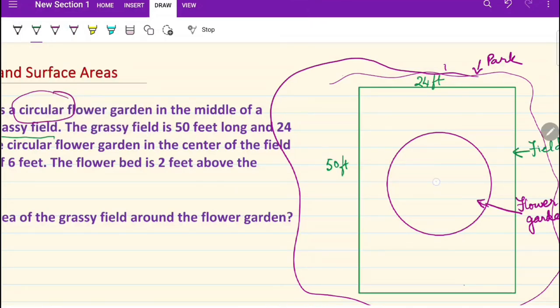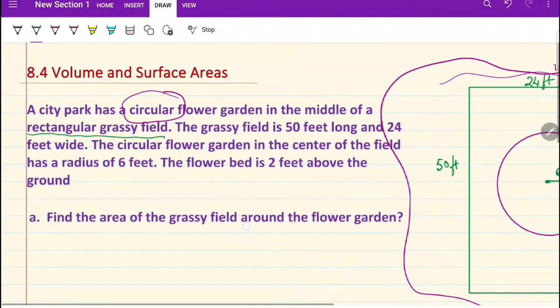The radius starts from the center of the circle all the way to the circumference. So let me draw a straight line here. So from the center of the circle all the way to the circumference, this distance is 6 feet, correct?